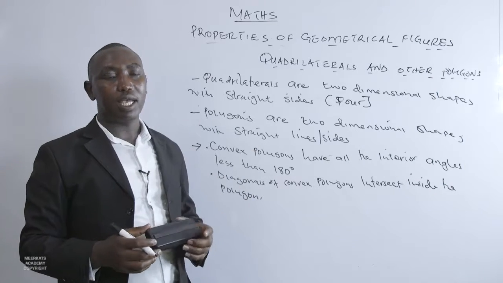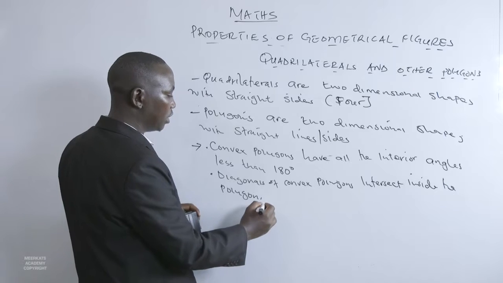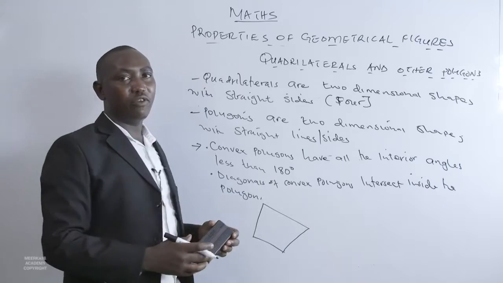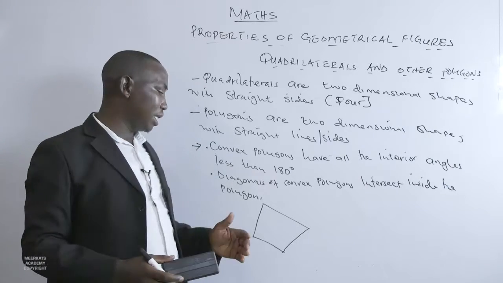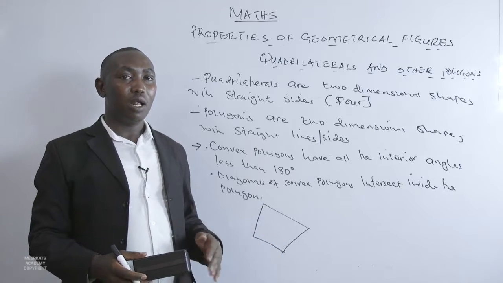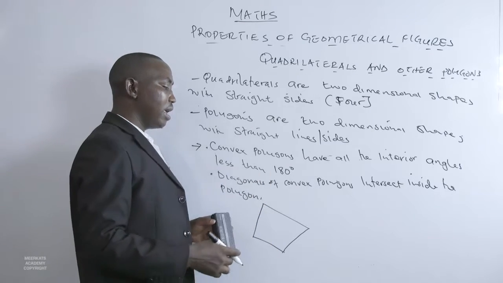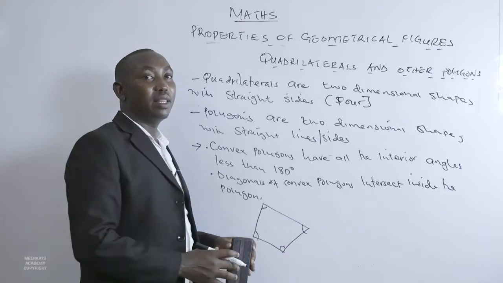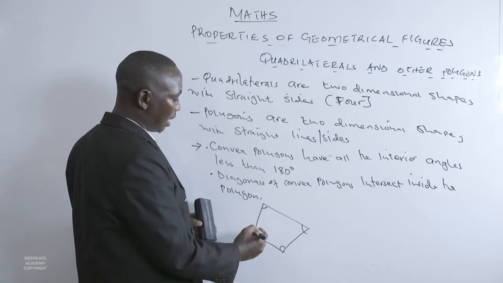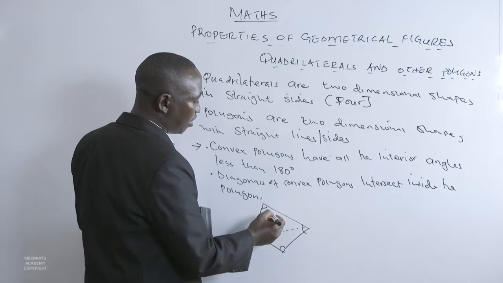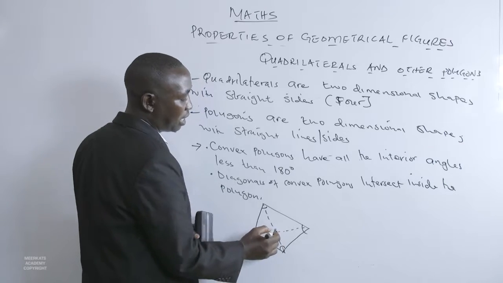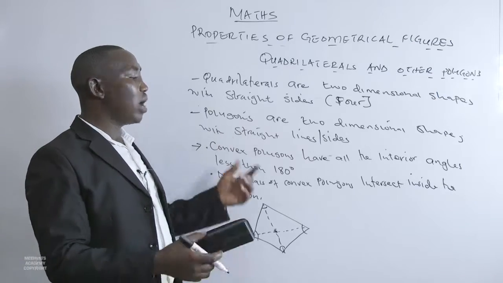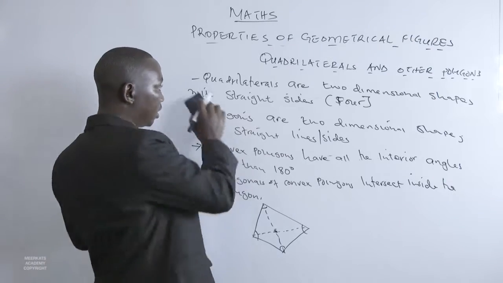Assuming that this was our polygon, for example, and in this case we are taking a quadrilateral which has 4 sides, then if you were to measure, all these angles will be less than 180 degrees. And again, if you draw the diagonals, you'll discover that they meet inside that particular shape. So the two are opposite for the non-convex polygons.